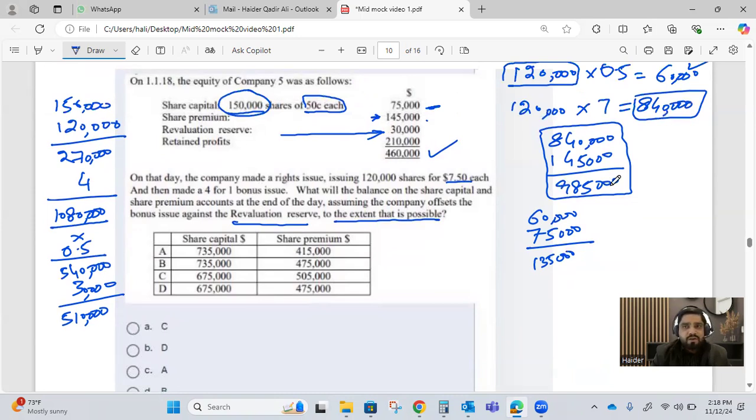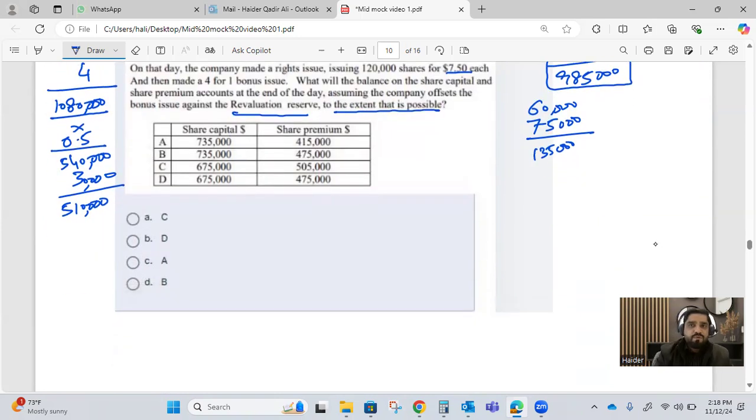The updated balance of share premium is 985,000. So if we use 510,000 from the share premium balance, we will be left with 475,000 share premium with us.